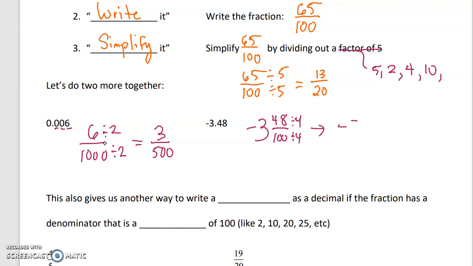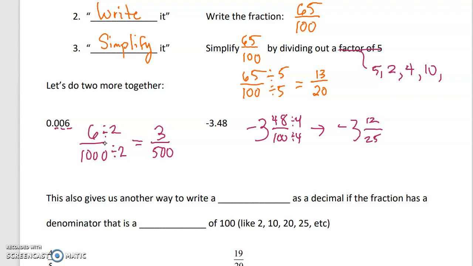And so that's going to give us -3 and 12/25. And so 48 hundredths is a little bit under a half, and 12 25ths is a little bit under half, because 12 is half of 24. So that gives us a good base value for whether our answer makes any sense.